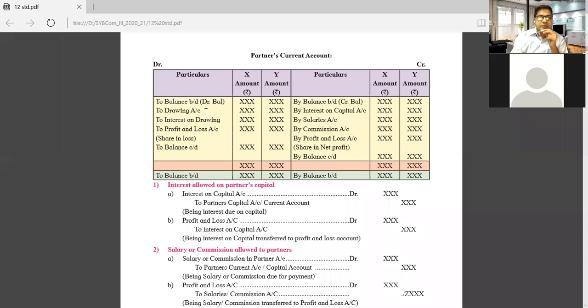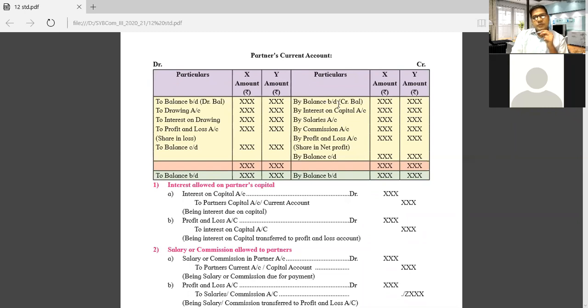Then any expenses of the partners, drawing, interest on drawing, and any loss of the partnership firm shared by the partners are recorded on the debit side, and we find the balance carried down. The partnership firm prepares this partners' current account whenever they adopt the fixed capital method. These things you have to keep in mind.